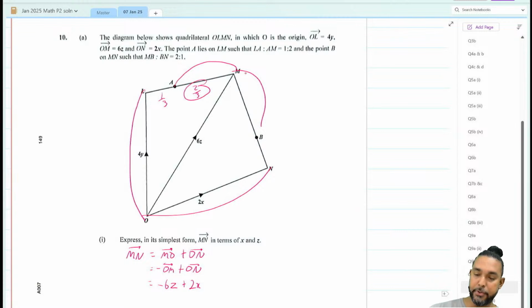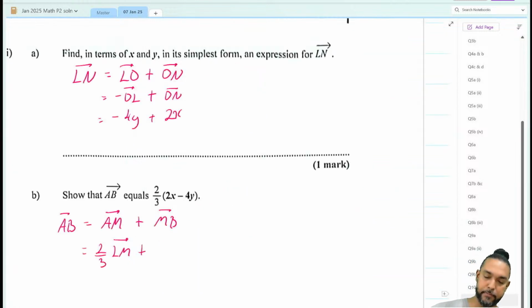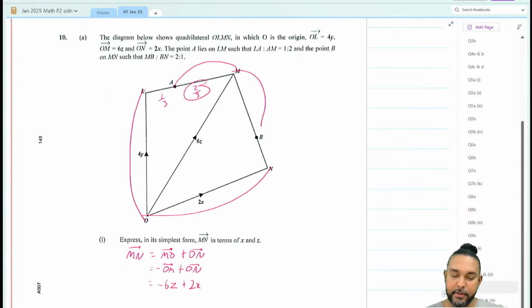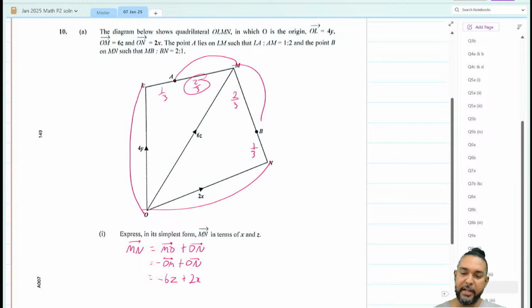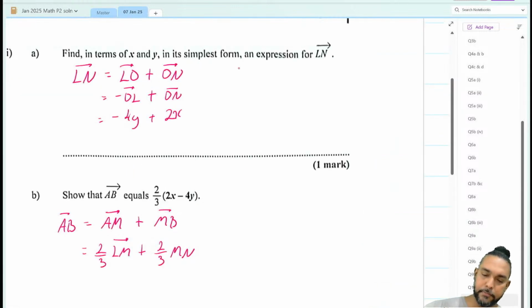And MB is also 2/3, but 2/3 of MN. Hold on, let me make sure I did the correct thing there. A to B, so we had to go from A to M, M to B. So that's a 2/3 portion, and a 1/3. Now, do we have LM? We do have LM. LM would be minus 4y plus 6z.